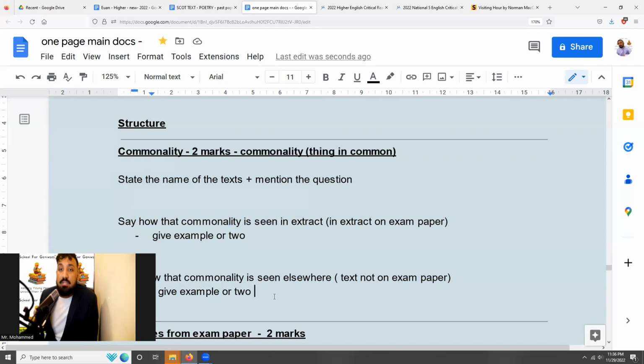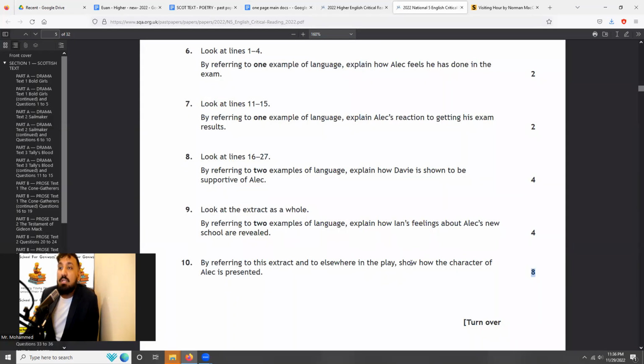Then you mention the question. So you literally just quote the question. Whatever the question asks you, you just quote that. So this is from Sailmaker, I believe. So you would say Sailmaker, and this is just one text. Sailmaker is a play in which the character of Alec is presented.